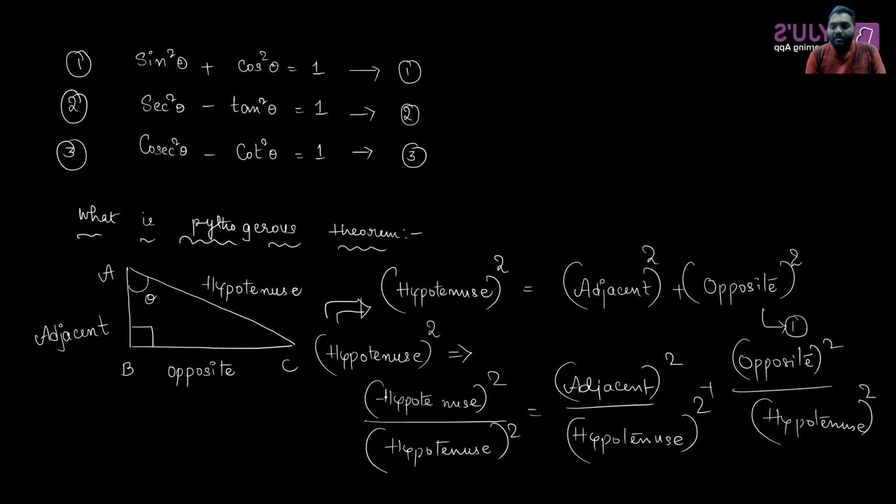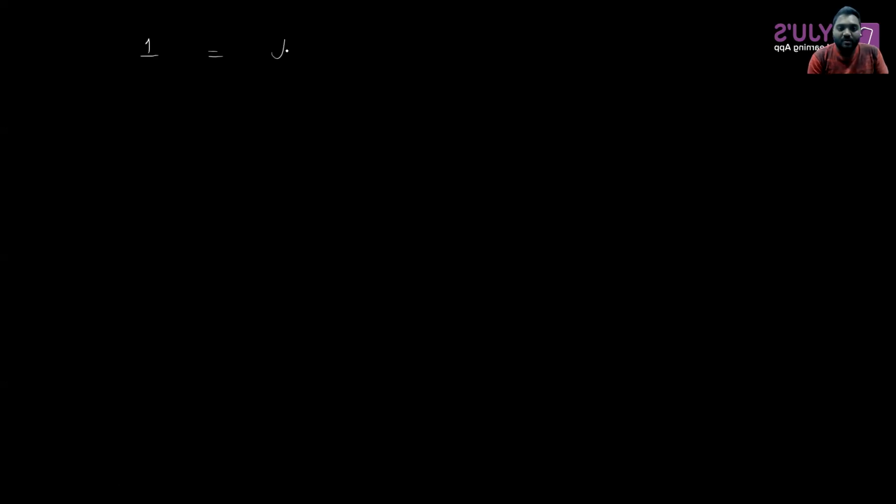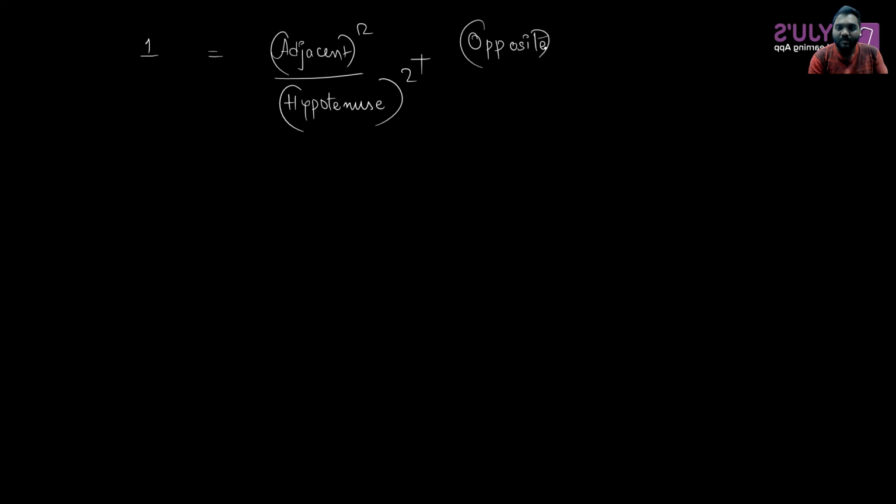On the left-hand side, the hypotenuse square gets divided exactly and we can cancel them. So after dividing, we get 1 equals adjacent square divided by hypotenuse square plus opposite square divided by hypotenuse square.